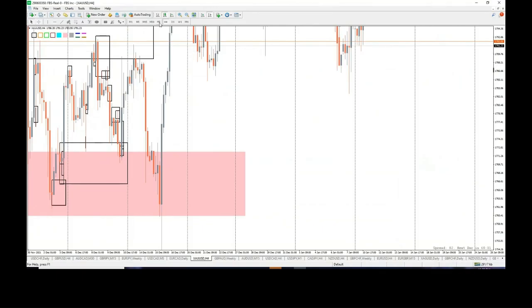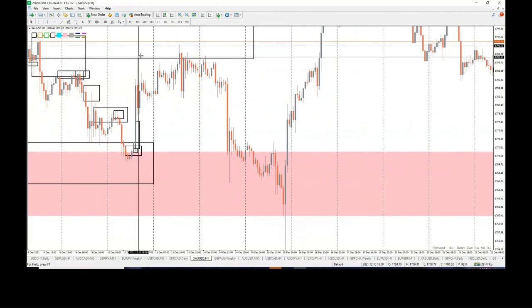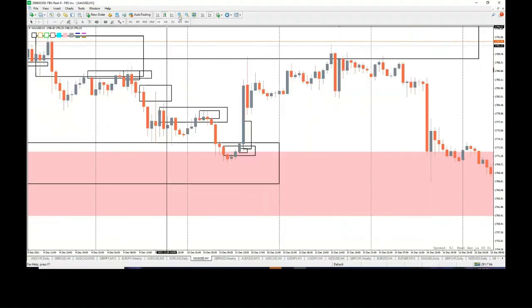H4 zone. You can go for a sell at this time, but this is not a good position, I think, because it's only for scalp. The price would have been going up so quick.